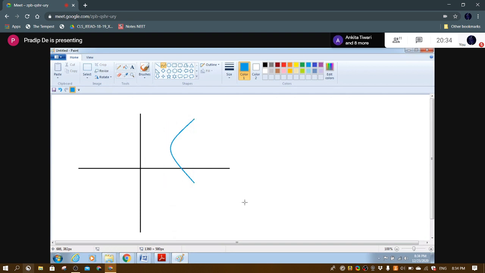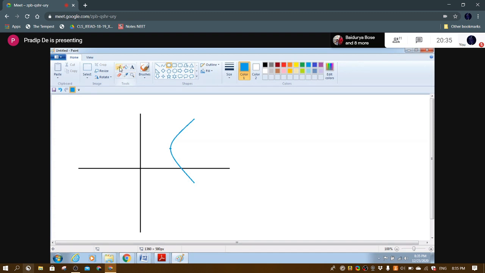Suppose this is a parabola. The vertex is here. This is the vertex.